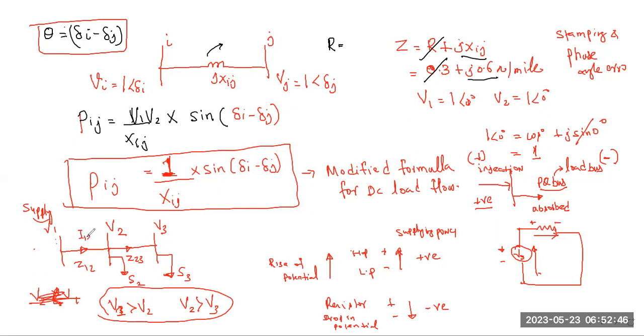If I12 is the current, then V1 is equal to V2 plus I12 Z12. Sorry, I wrote it the other way around. Your supply would always be larger than the receiving end. I have shown you this.